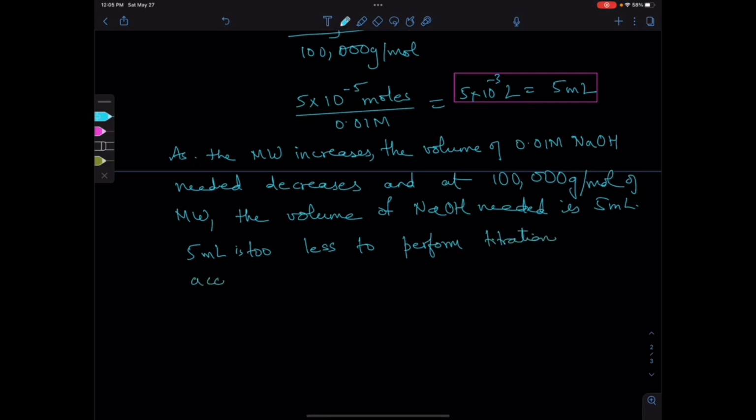So it's practically not feasible to get good results for this high molecular weight polymer.